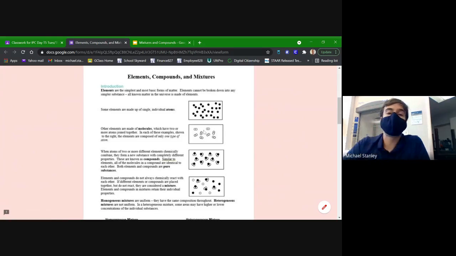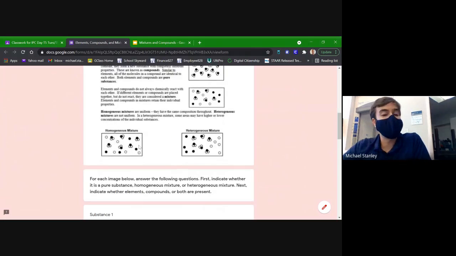But if we have different atoms that are bonded to each other, then we have compounds. If we only have one type of element or we only have one type of compound in our substance, then we have a pure substance. But if we have different atoms and compounds mixed together, we have a mixture.